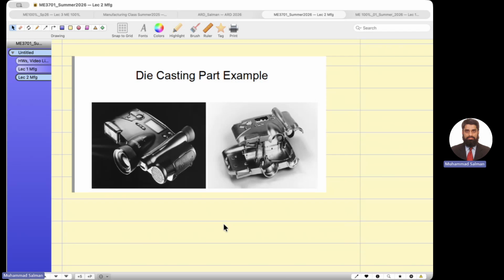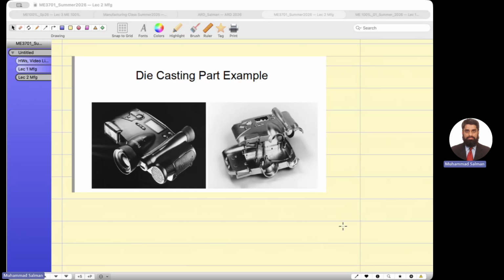You make a die in steel and you push the metal, sorry, molten plastic into the die. I'm going to teach you the die casting of plastic as a separate class. We will spend time where we learn plastic injection molding and plastic extrusion. Okay, we learn this in the later stage.